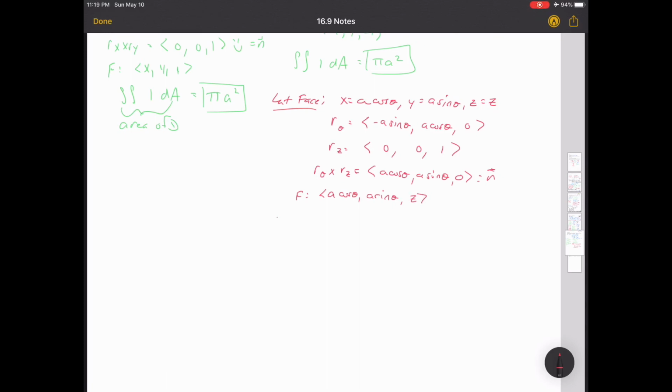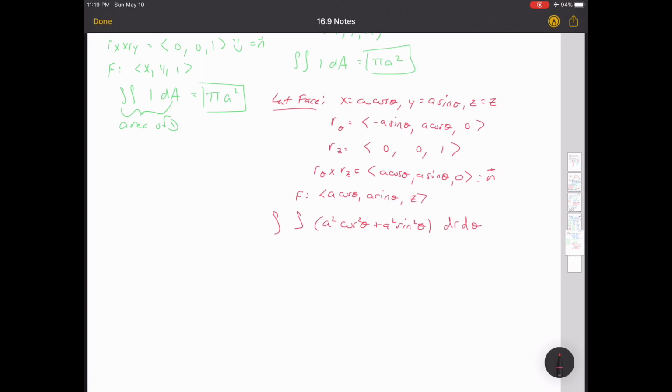All right, so now when we go ahead and take our double integral, dotting these, we're going to get a squared cosine squared theta plus a squared sine squared theta plus 0, because z times 0 is 0. All right, we parameterized this already in polar, so I don't need to put an extra r in this case there. So it's just going to be dr d theta.